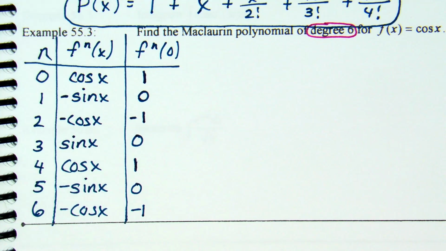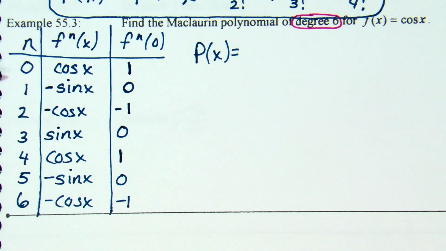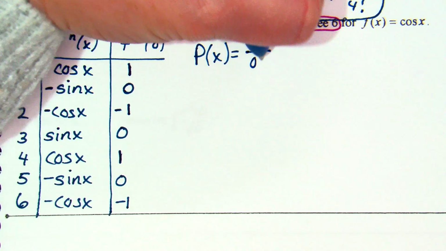Okay. Let's write the Maclaurin polynomial to degree 6. So, p of x equals, can we take shortcuts here since we've already got some of this filled out? The original function, evaluated at 0, is going to be 1 over 0 factorial. Plus, now we need the 1's, right?